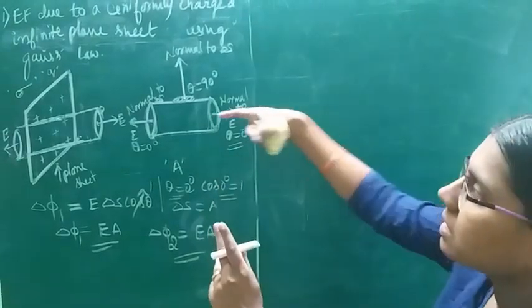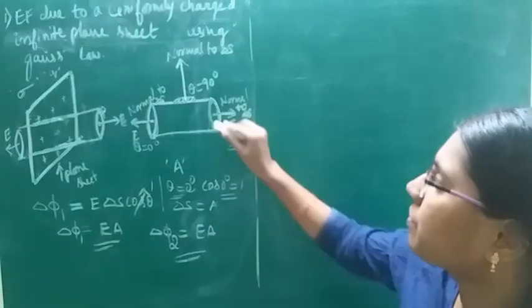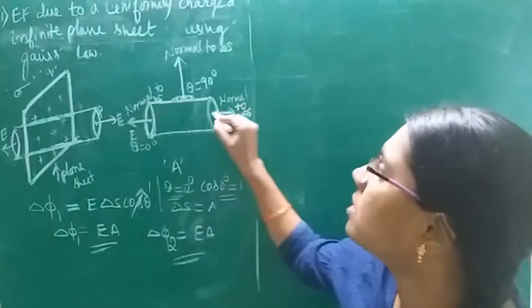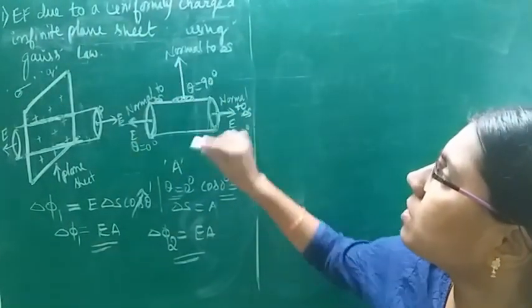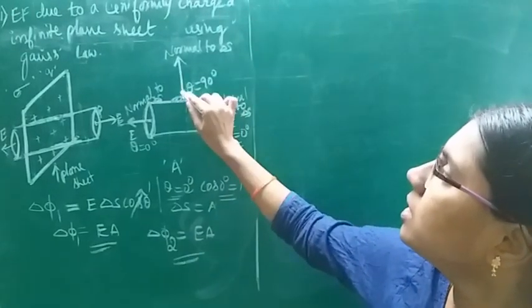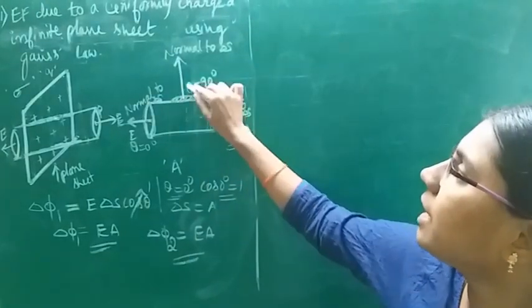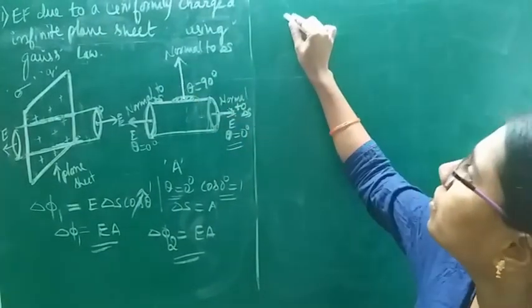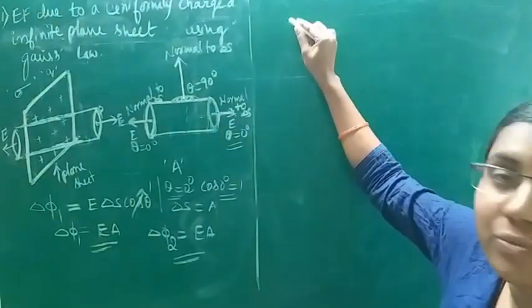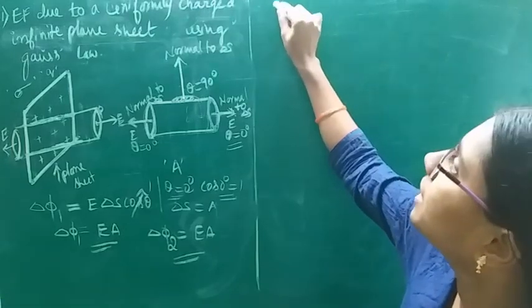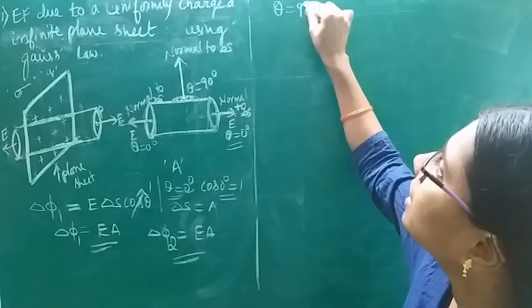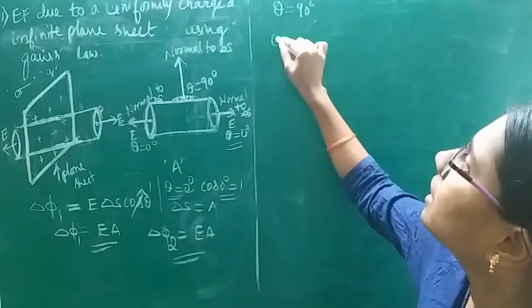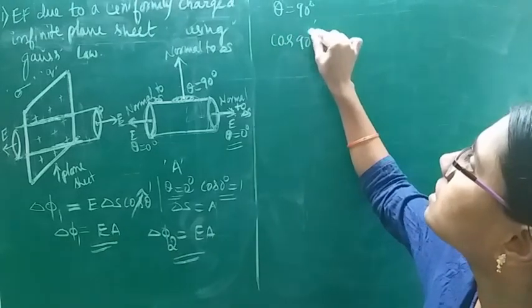So this normal makes an angle of 90 degree with the electric field. Therefore, for the curved surface, the third surface, theta is 90 degree. Therefore cos 90 will be equal to 0.